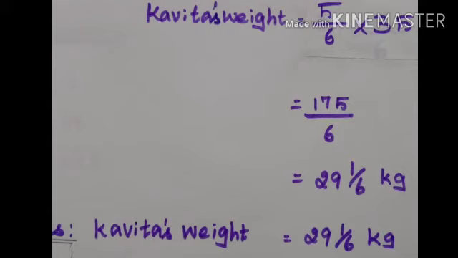Here 5 into 35 is equal to 175 by 6. Here this fraction is an improper fraction. We have to convert it into a mixed fraction. So here the answer is 29 1 by 6. Kavita's weight is equal to 29 1 by 6 kg.